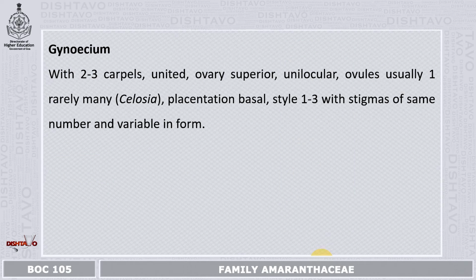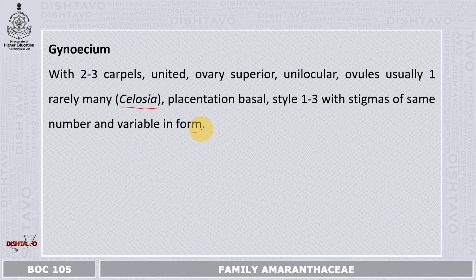Gynoecium with 2 to 3 carpels united, ovary superior, unilocular, ovules usually 1, rarely many in case of Celosia. Placentation basal, style 1 to 3 in number with stigma of the same number as that of style and variable in form.